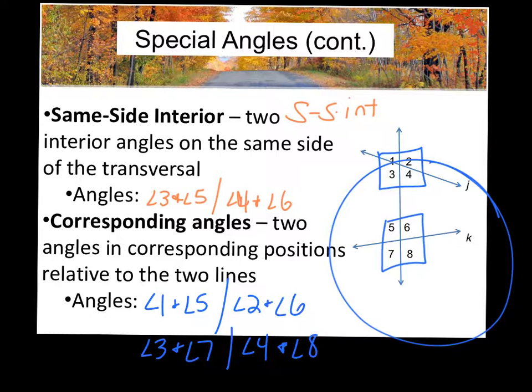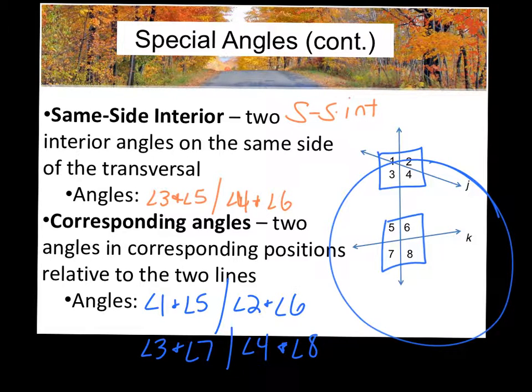So if I gave you this diagram, there are now 6 special angles you could tell me about. The 4 we just talked about: alternate interior, alternate exterior, same side interior, and corresponding. But what other special angle relationships are going on in this picture? Megan? Vertical angles like 2 and 3, 1 and 4, 5 and 8, 6 and 7.